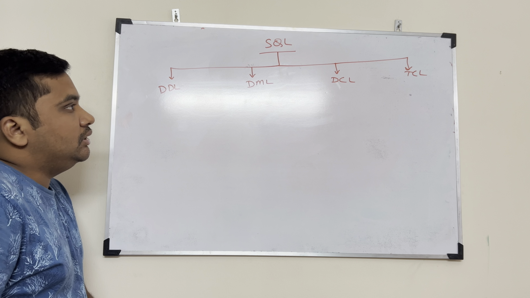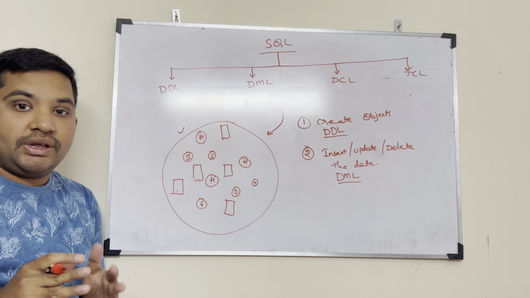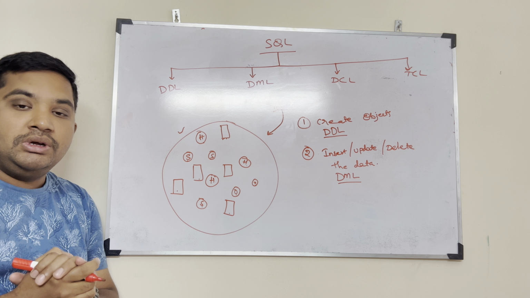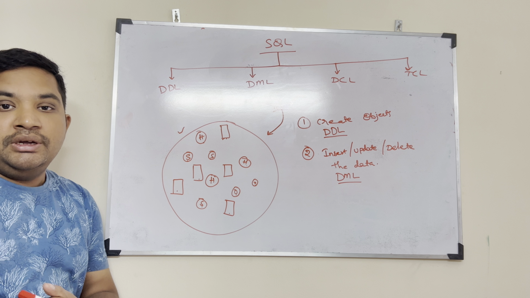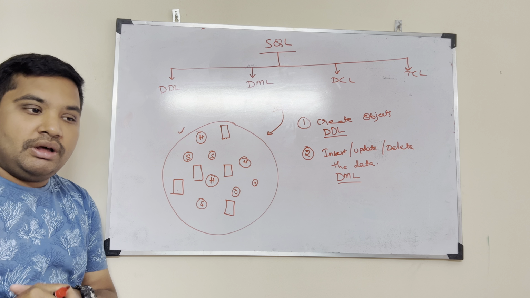This is called DML, data manipulation language. After creating the objects we need to insert, update, delete particular data. That means we are manipulating the data. That is called a data manipulation language.